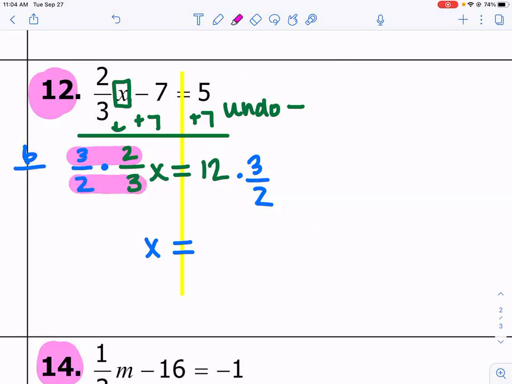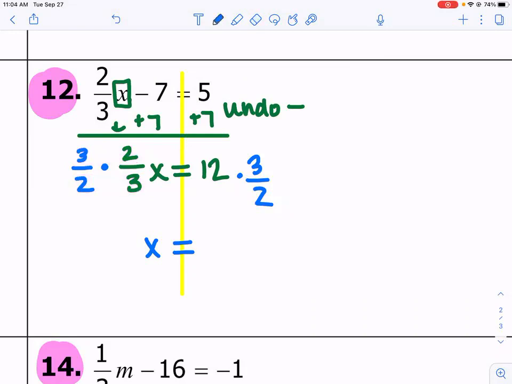Like 3 times 2 and then 2 times 3. Yeah. You go across. You do not have to show this. But we have to undo it. How do you undo it? By multiplying by 3/2. That's how we're undoing that 2/3.